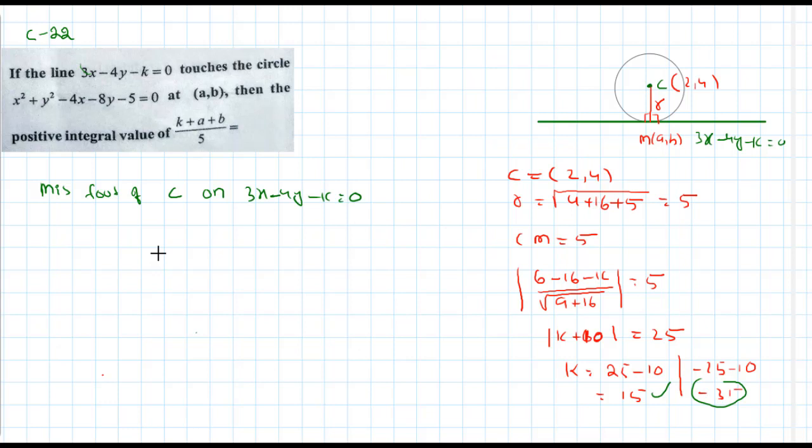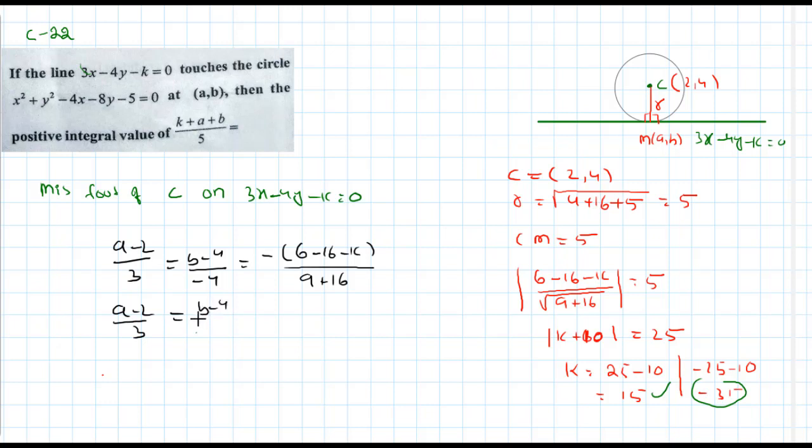Directly, the formula: (a minus 2) by 3 equals (b minus 4) by minus 4 equals minus times (6 minus 16 minus k) by (9 plus 16).